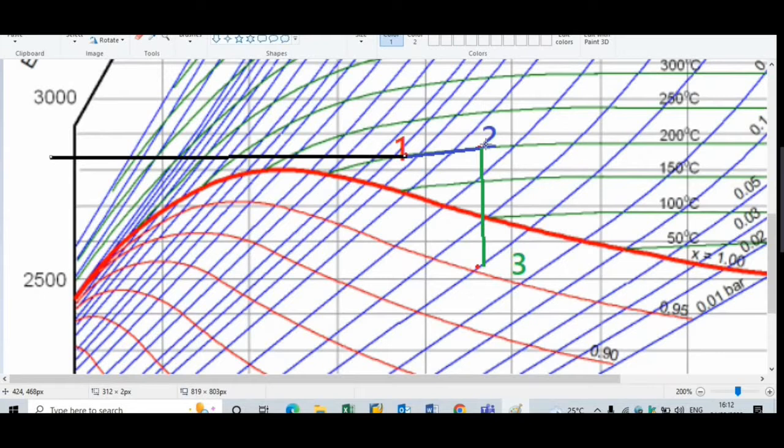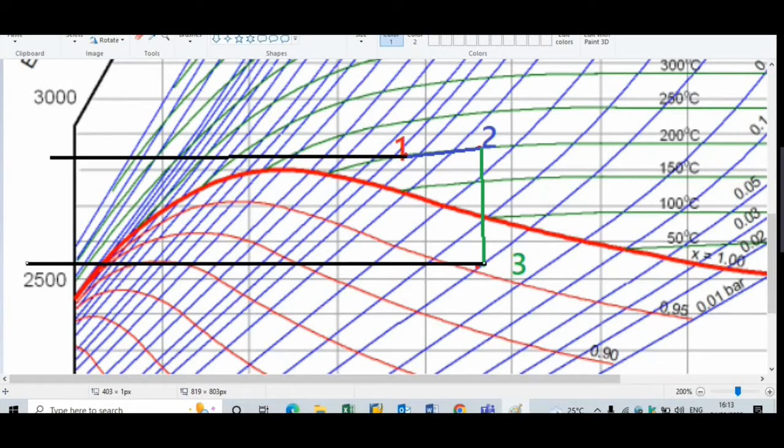So we can say that H1 is equal to H2 is equal to 2850 kilojoule per kilogram. Now in the same way we will find out the enthalpy at point 3. So again from this point 3 I will extend one straight horizontal line. Now we will measure the enthalpy at point 3, that is 2535 kilojoule per kilogram.